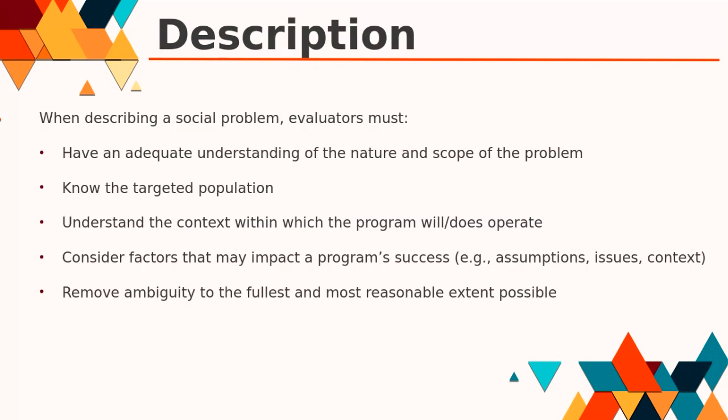So when you're describing the social problem, you want to make sure that you have an understanding of the nature and scope of the problem, the targeted population, the context that the program already exists in, if it's an existing program, or the context that the program would be operating in if it hasn't yet started.